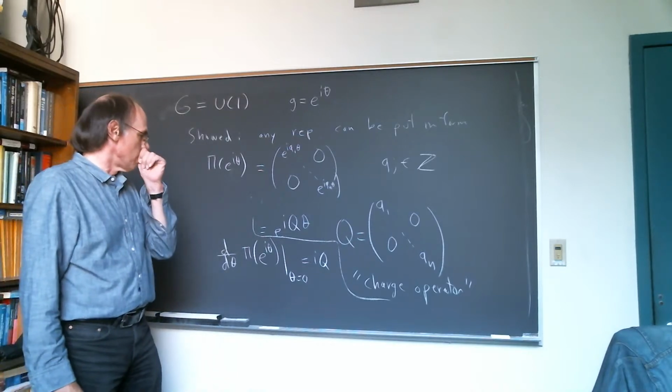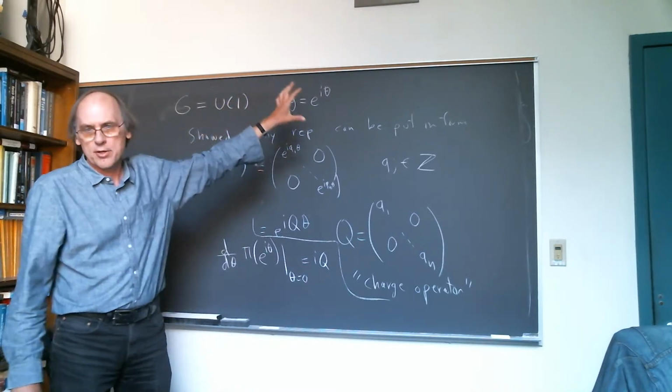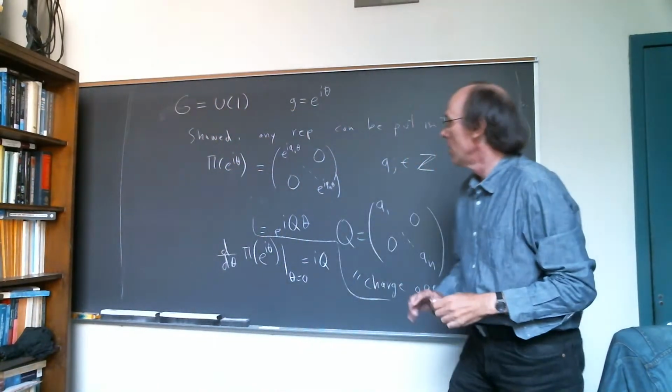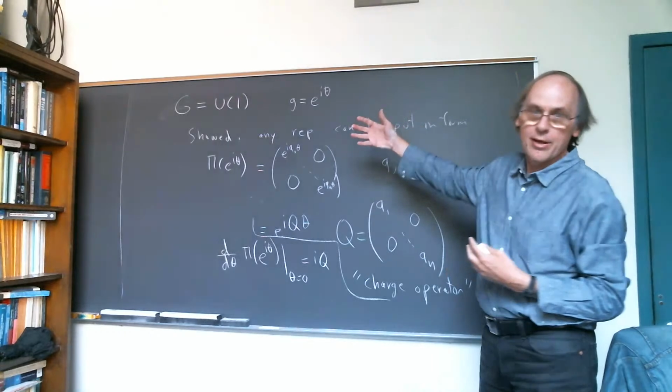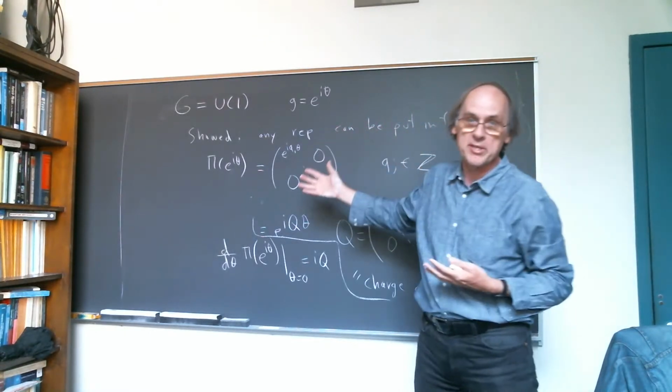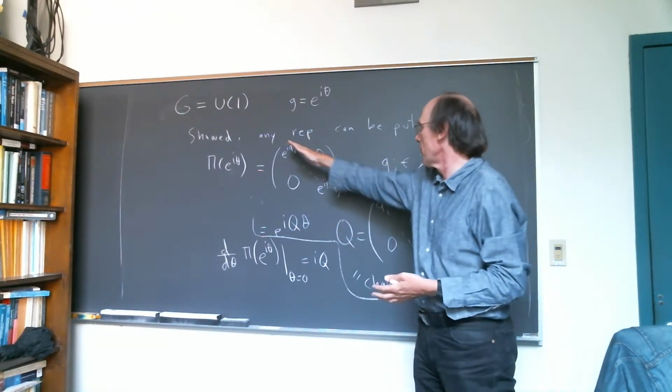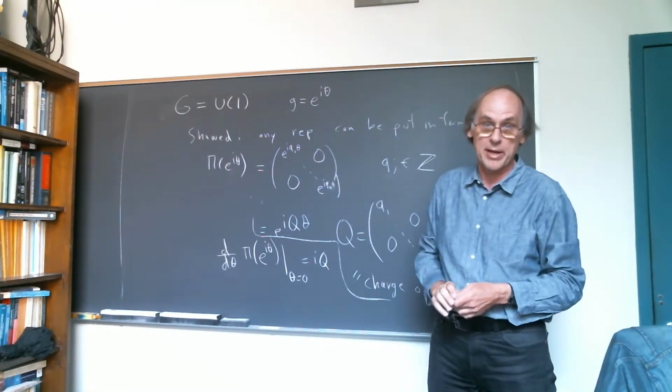Okay, so anyway, this is all just math at some point. What I'm doing here is just writing down a general representation of U1, telling you what it looks like. It has this fairly simple form once you break it up into the one-dimensional spaces.